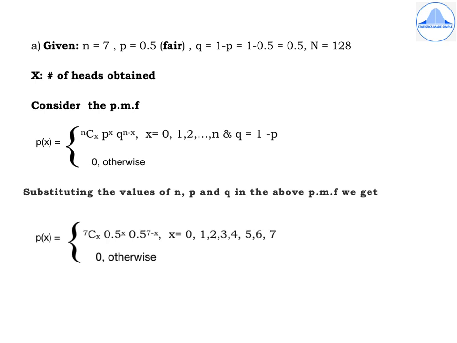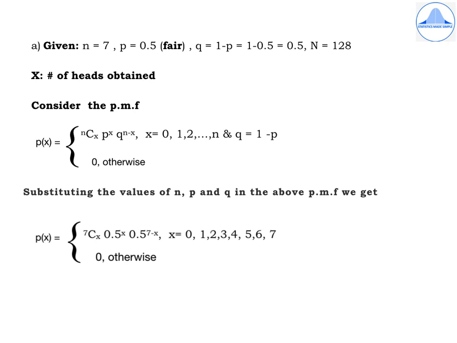Then write the general format of the PMF of the binomial distribution, P of x equal to nCx p to the power x q to the power n minus x, where x takes the value 0, 1, 2, so on till n, and q is equal to 1 minus p, 0 otherwise.